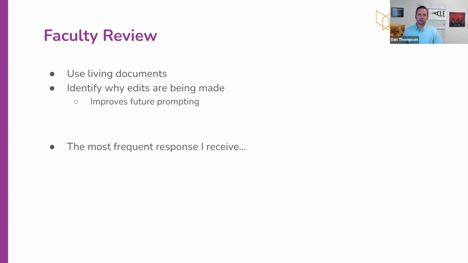Obviously, they always go to faculty review first. Nothing ever goes out to our students that is AI generated that is not first evaluated for accuracy by our content experts. So don't worry, rest assured, it's not going from the ed tech guy's desk straight to a student. We obviously never do that, and I always stress with our faculty to make sure they review it with a fine-tooth comb.